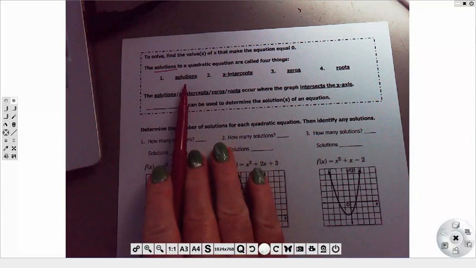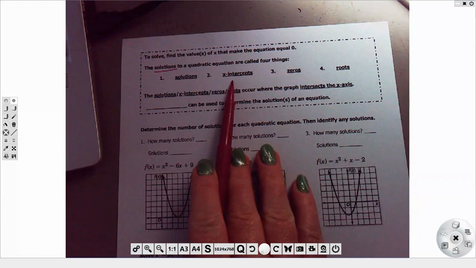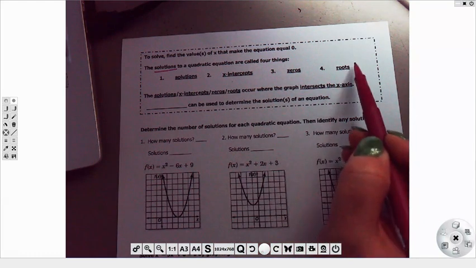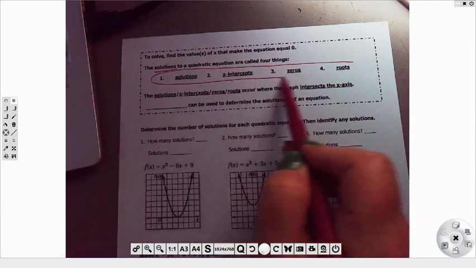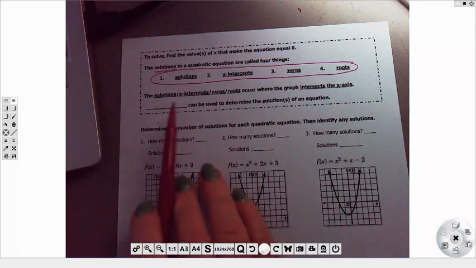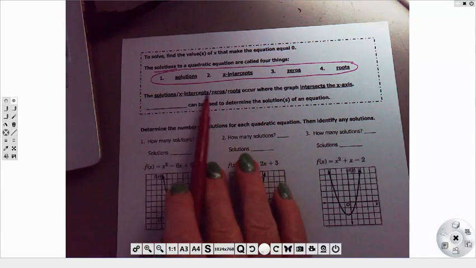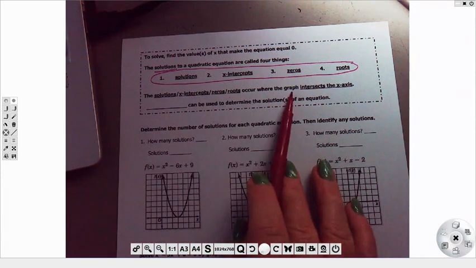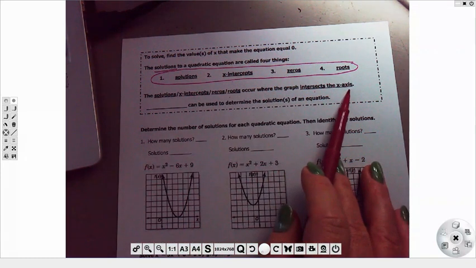You can call them solutions. You can call them x-intercepts. You can call them zeros, or you can call them roots. They all mean the same thing. They're interchangeable words. So, the solutions, the x-intercepts, the zeros, the roots, whichever word you want to call them, occur where the graph intersects the x-axis.